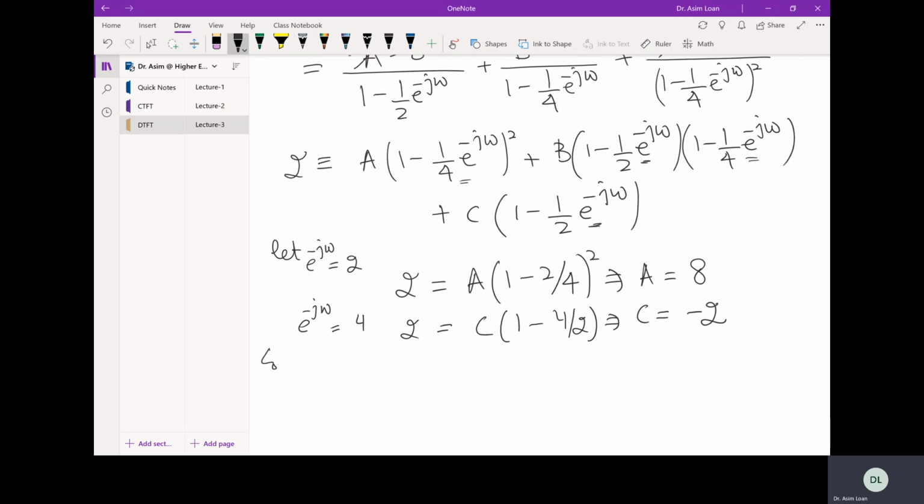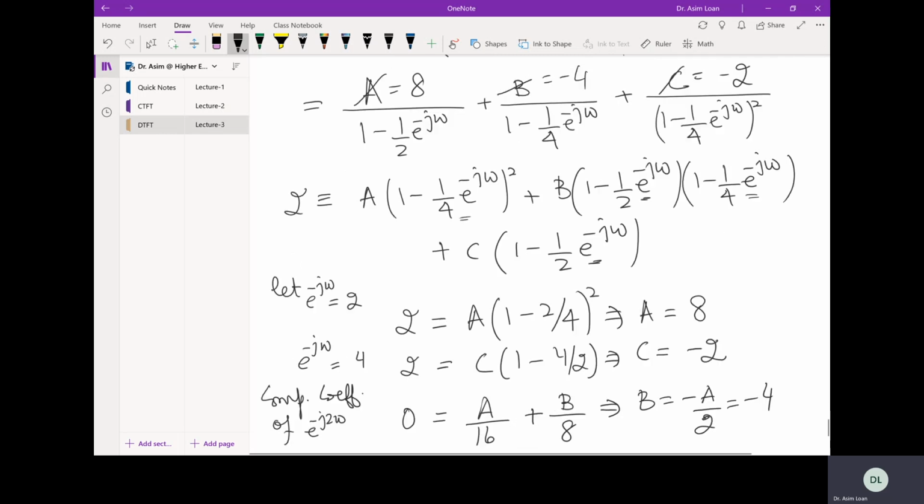And compare coefficients of e to the minus j 2 omega. So 0 equals a over 16 plus b over 8. So b is equal to minus a over 2, which is equal to minus 4.